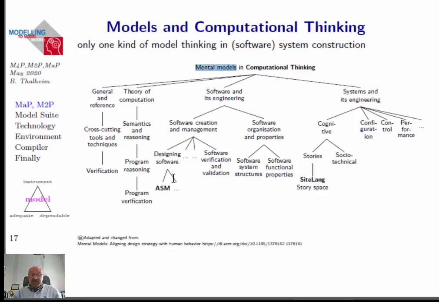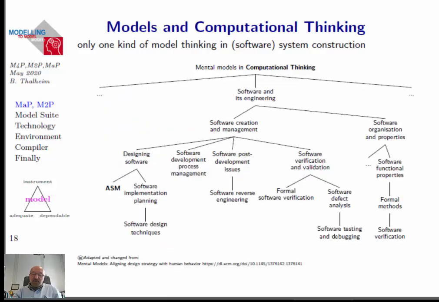In our case study, we used abstract state machine engineering. You have, of course, also systems and their engineering, maybe based on some cognitive support, based on stories that a user plays with the system. We consider it already as a specific case to be discussed in chapter 2 of this lecture.